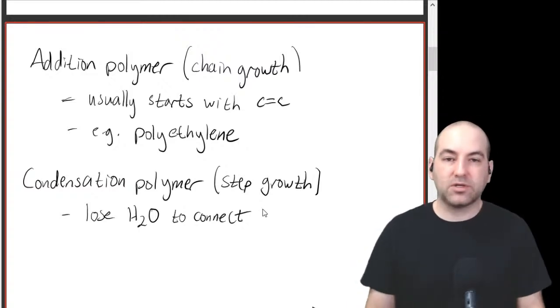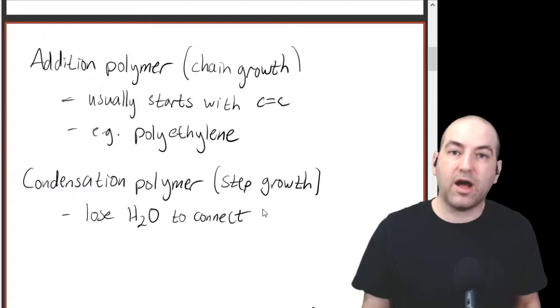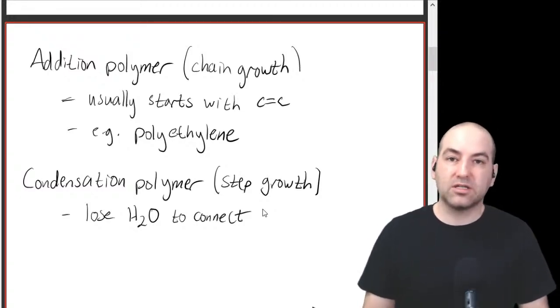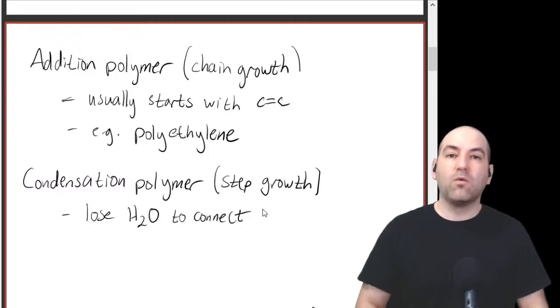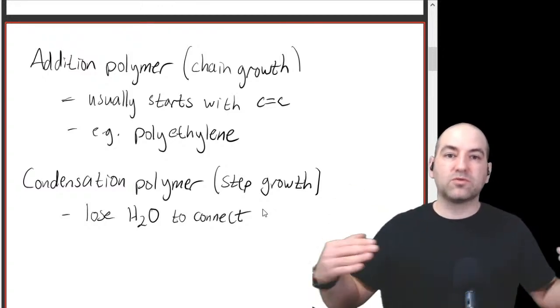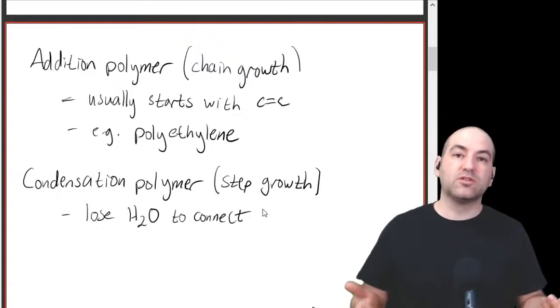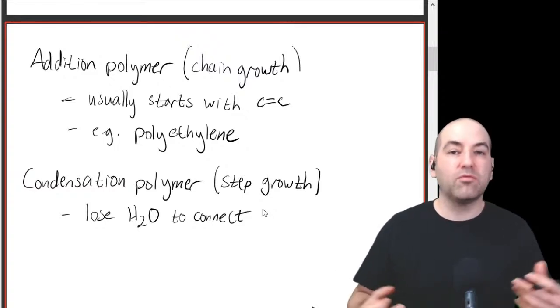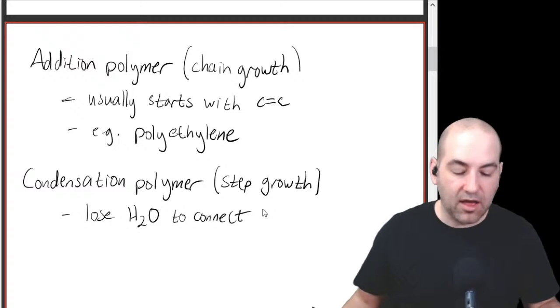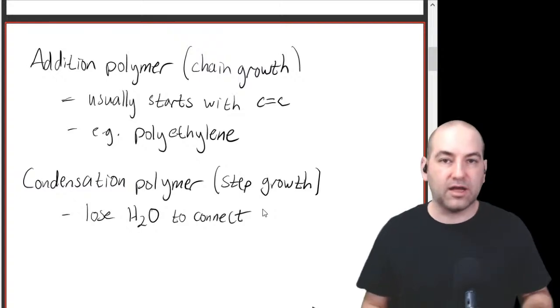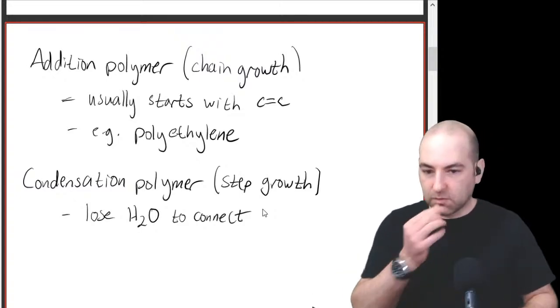If you remember back to when we were talking about the macronutrient structures, the lipid structures, the carbohydrate structures, and proteins, we looked at condensation reactions that we also call dehydration reactions, where water goes away and then what's left over is connected. And so you can make polymers like that too. In fact, a protein is really a condensation polymer of amino acids that are repeating over and over again. A starch is a condensation polymer of monosaccharides that are connected over and over again. So we'll look at those in a little bit.